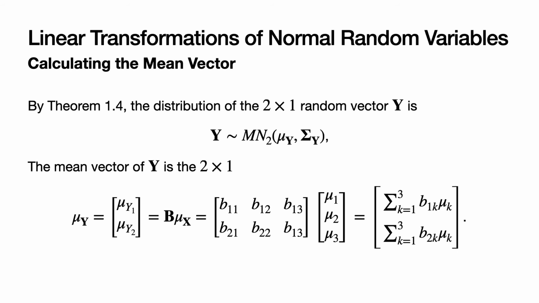The mean vector of y is the 2×1 vector containing the entries, the sum k going from 1 to 3, b1k times mu sub k, and the second entry is the sum k going from 1 to 3 of b2k times mu k. And that follows from the fact that by Theorem 1.4, the mean vector for y is equal to the linear transformation matrix B times the mean vector for x.